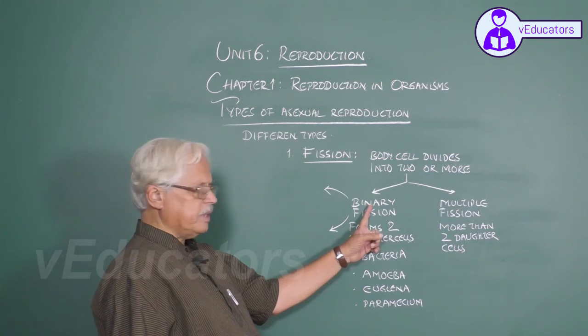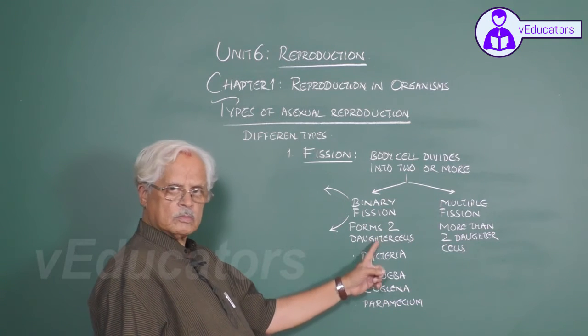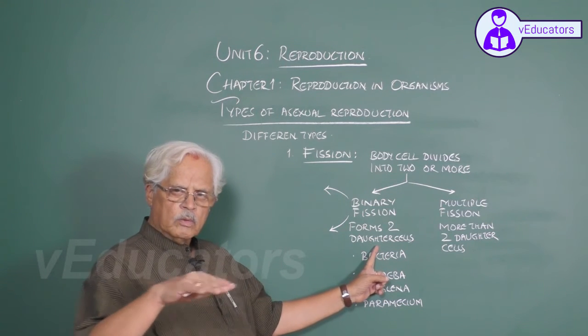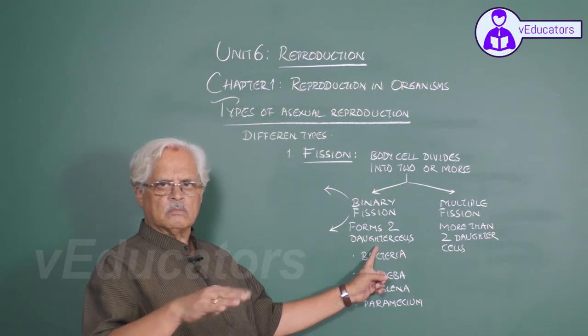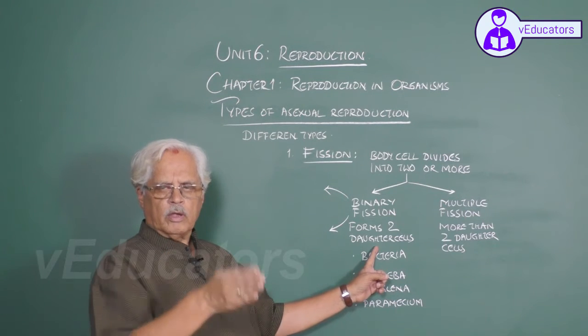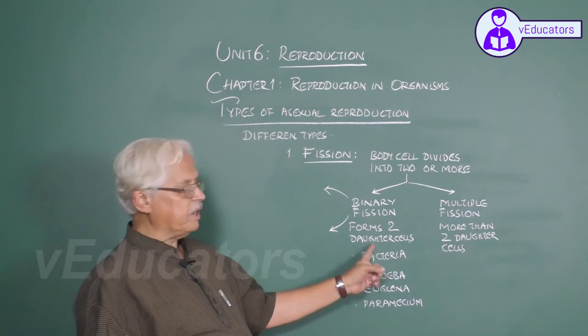The division of the parent cell into two daughter cells may happen along the transverse plane or along the longitudinal plane.